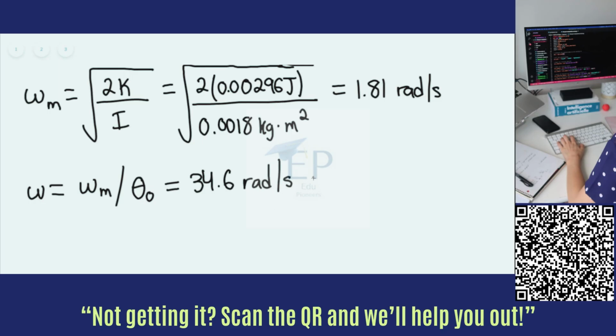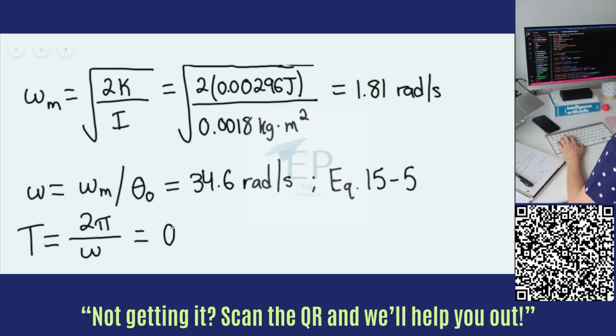Then after this, we're finally going to use equation 15.5 and say that the period is going to be simply equaling 2 pi divided by omega, the angular frequency of the oscillation, and this is going to be equal to 0.18 seconds. This would be our final answer for the period.